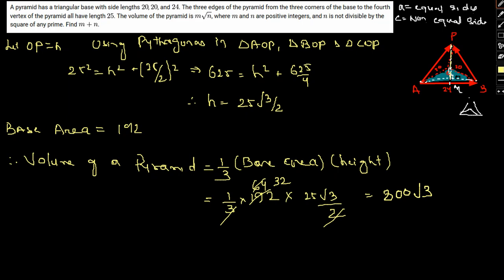So here m is equal to 800, n is equal to root 3. Therefore m plus n will give us 803, which is our final answer.